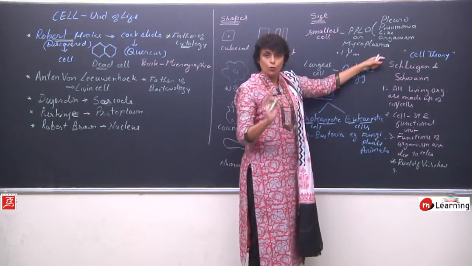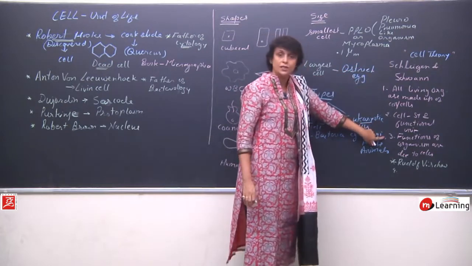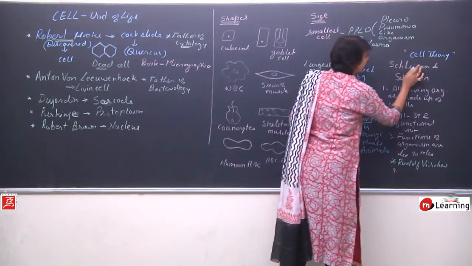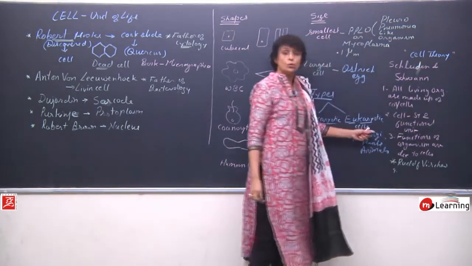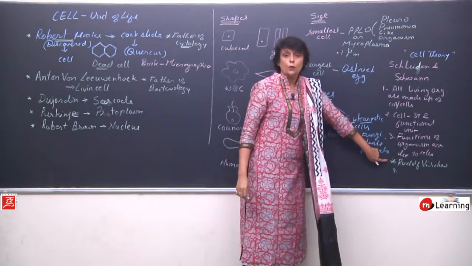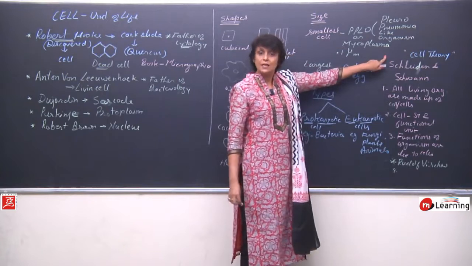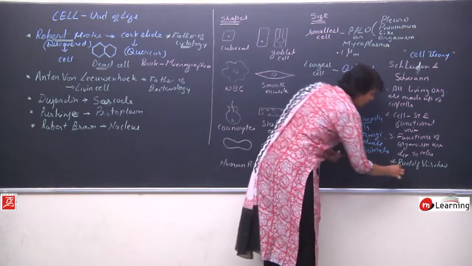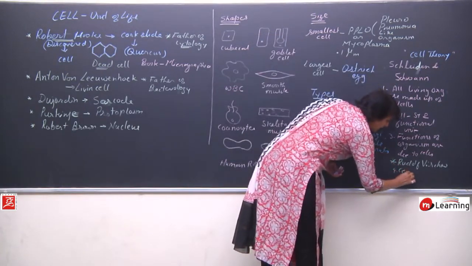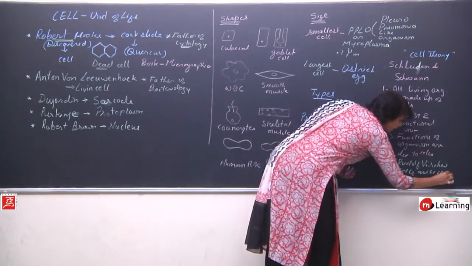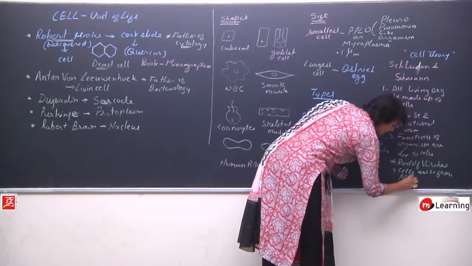If we are talking of only cell theory, there were only three initial postulates given by Schleiden and Schwann.